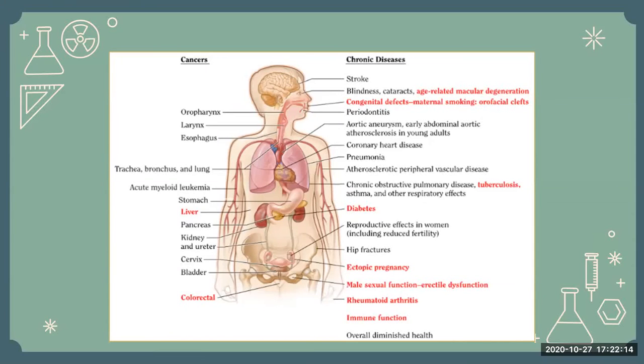In this image, we can see the effects of certain chronic diseases, and the arrow shows to which organ: stroke, blindness, cataracts, age-related degeneration, congenital defects, pneumonia, diabetes, rheumatoid arthritis, immune function.